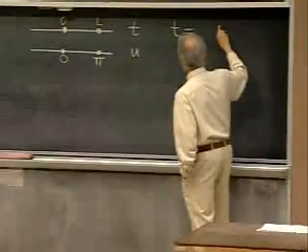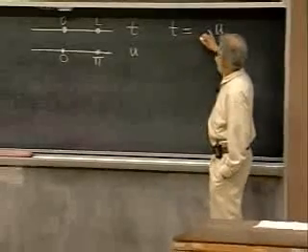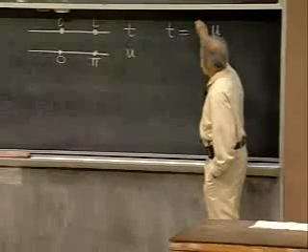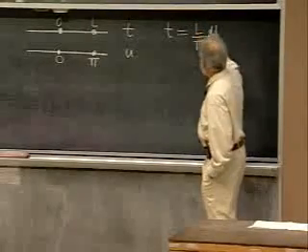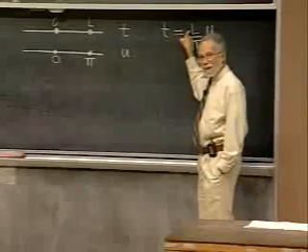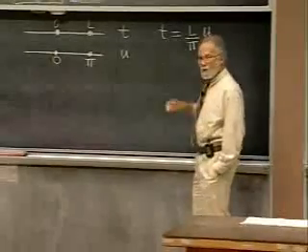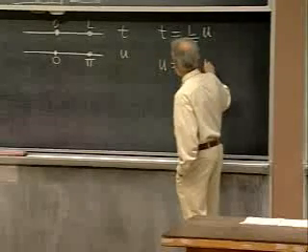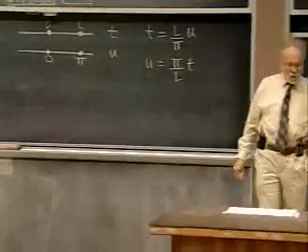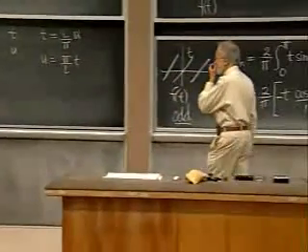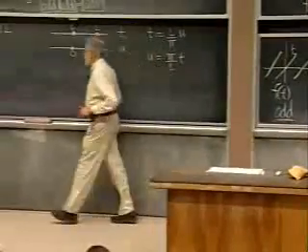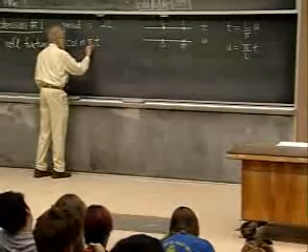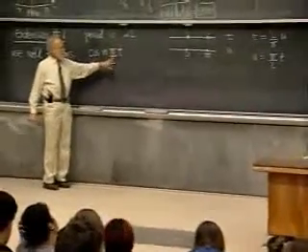So t should be L over pi times u. When u is pi, t is L, and vice versa. Expressing u in terms of t, u is equal to pi over L times t. That's the backward form of writing it, or the forward form, depending upon how you like to think of these things.